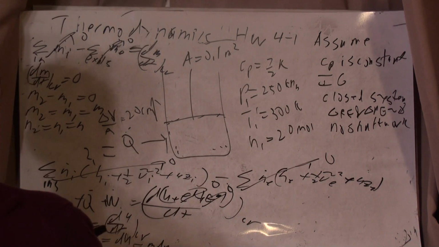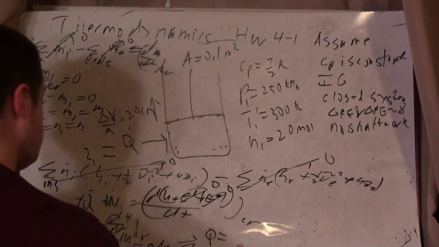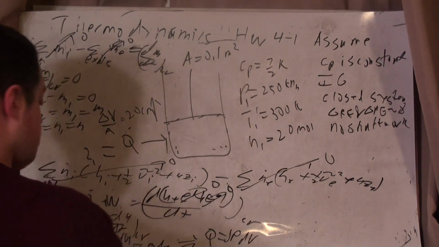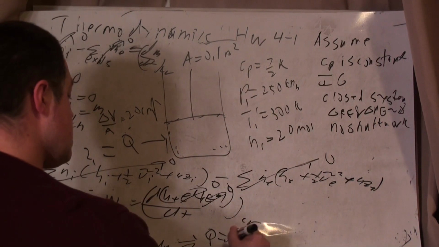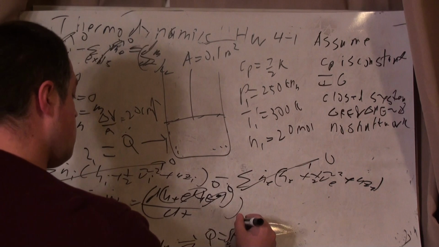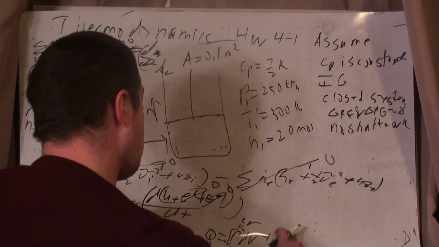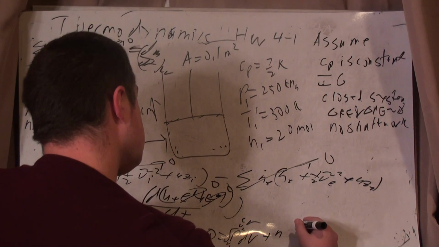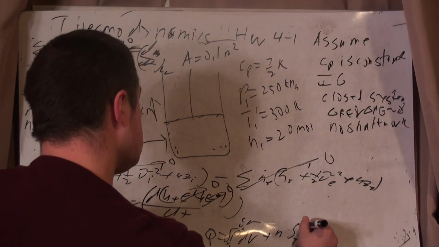If I rearrange this, Q is equal to plus the integral of P dV from V1 to V2, because my work is minus P dV and when I move it over it's plus, plus n Cv dT from T1 to T2.